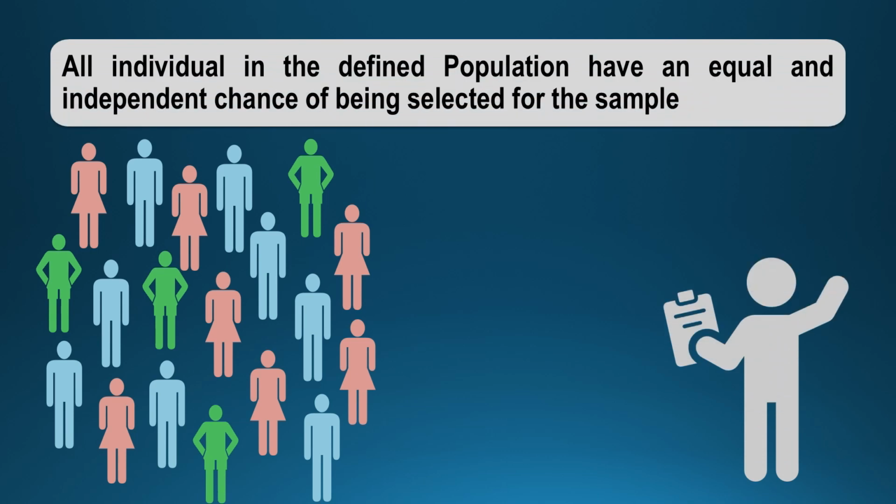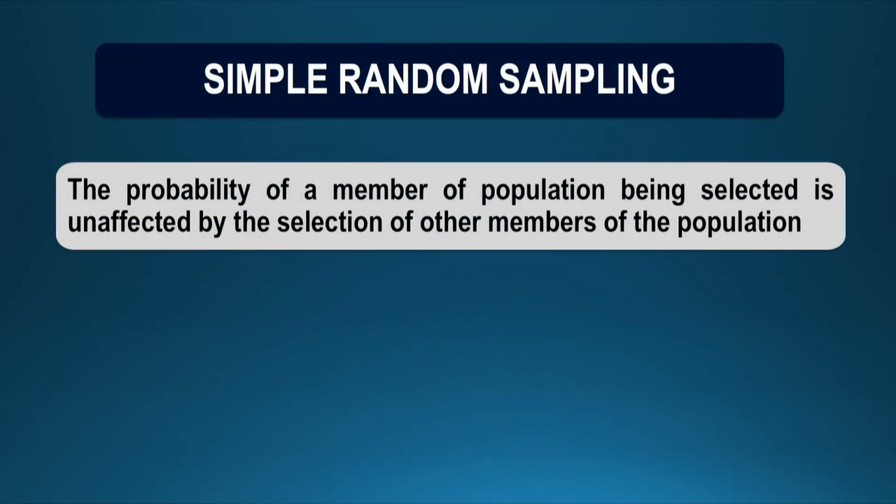In simple random sampling, all individuals in the defined population have an equal and independent chance of being selected for the sample. Independent chance means one individual is selected, but the selection of that individual does not affect the selection of another individual in that sample in any way.